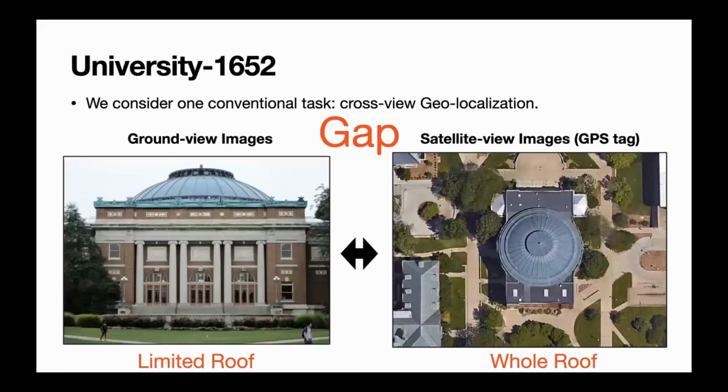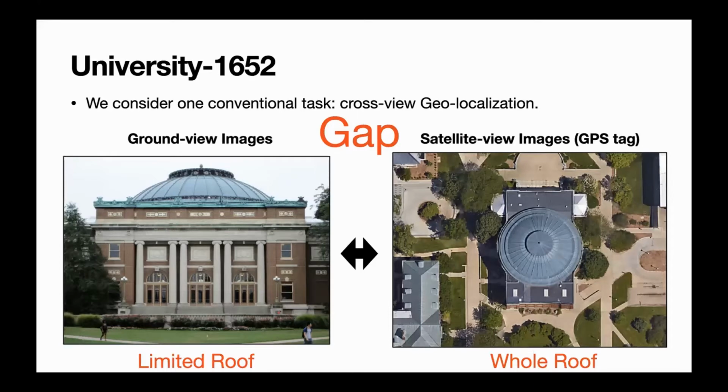In our paper, we study one basic application called geo-localization, which intends to match data from two different platforms. On the left, I provide one ground view image, and on the right, one satellite view image. Geo-localization needs to match the two images.